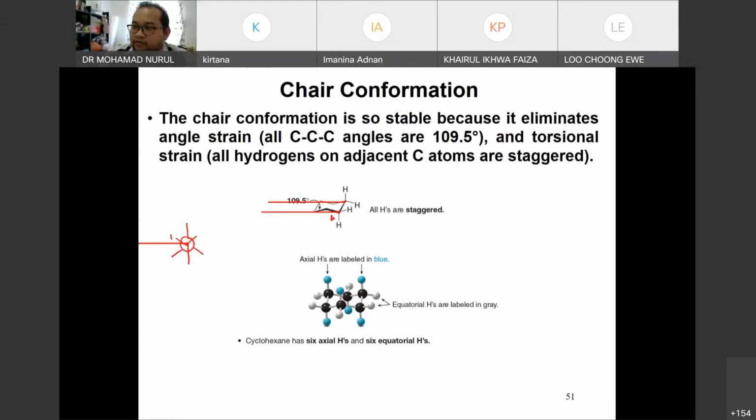Okay, hydrogen. Don't forget to draw hydrogens here. This one connects with another carbon, this one connects with another carbon. If we see from the back, usually no, we see only from the side in front. It's different. If you see from this side, you have to do more work to imagine.